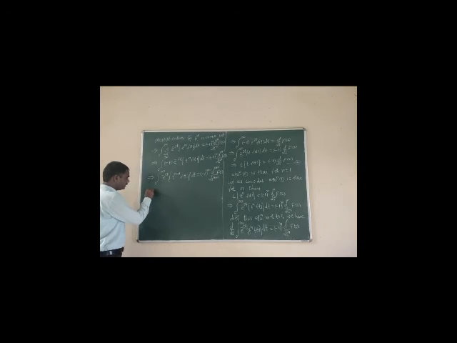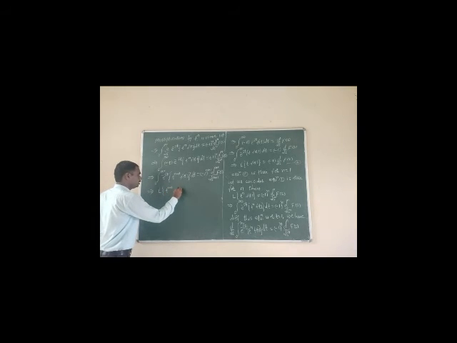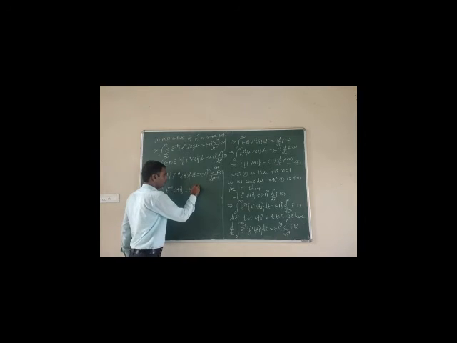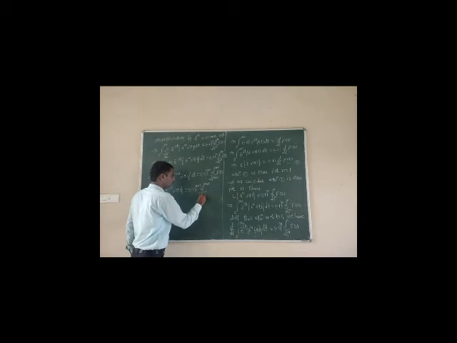So by applying the definition of Laplace transform here, this is nothing but Laplace of t raised to power n plus 1 into f of t, that is equal to minus 1 to the power n plus 1 into the n plus 1th derivative with respect to s of f of s.